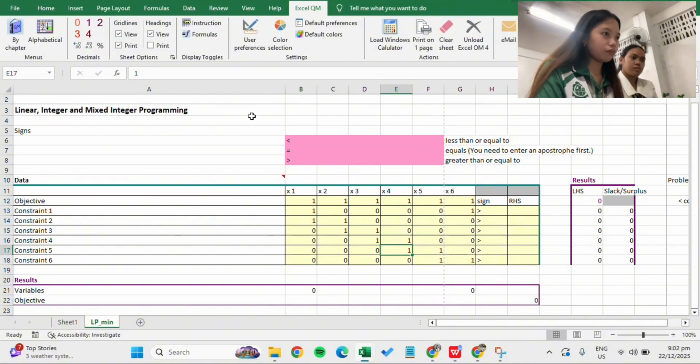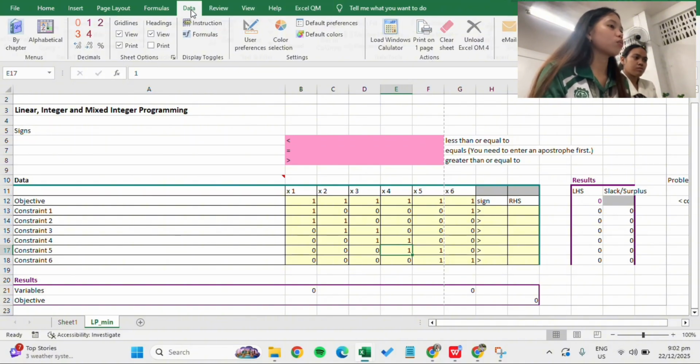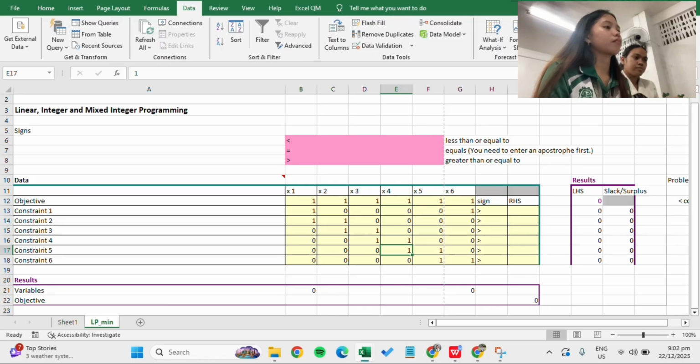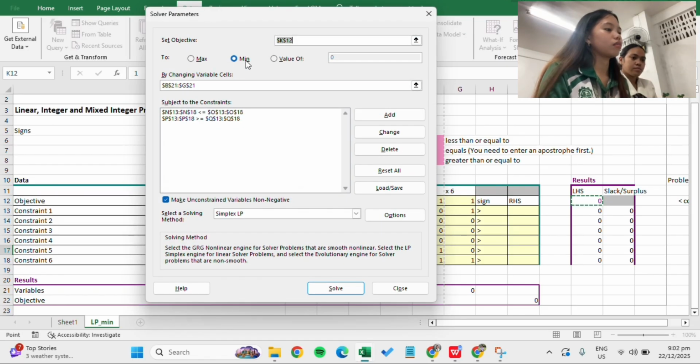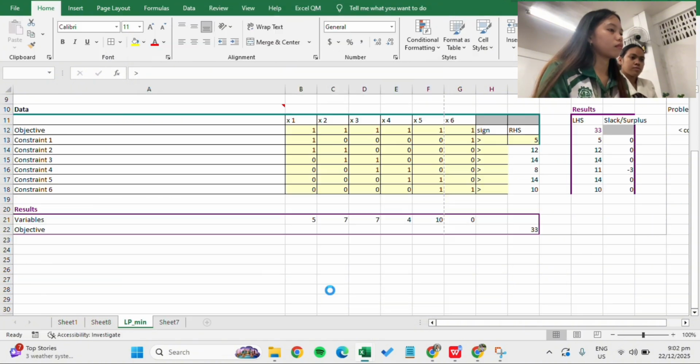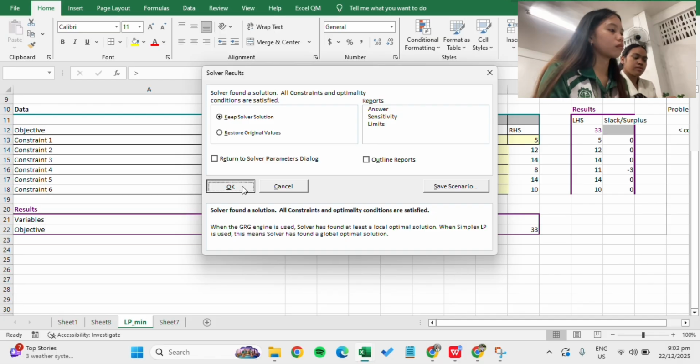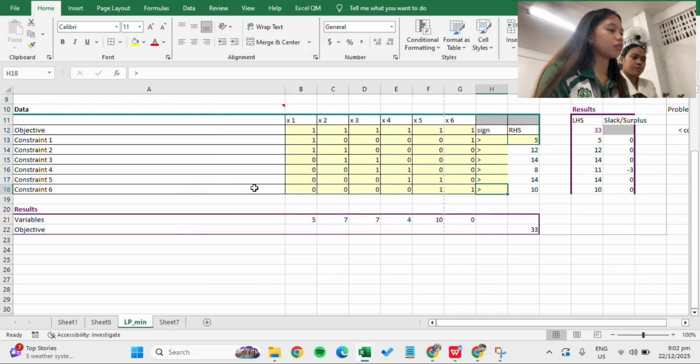Next, we have to click Data and then Solver. So 33 is the total number of nurses per 8-hour shift.